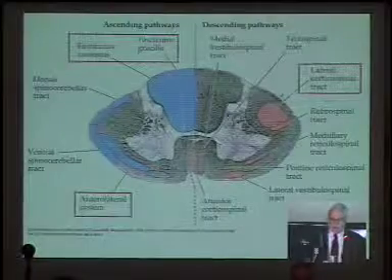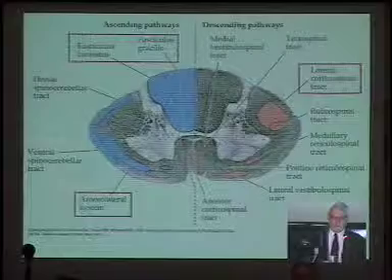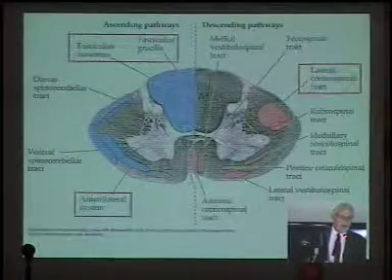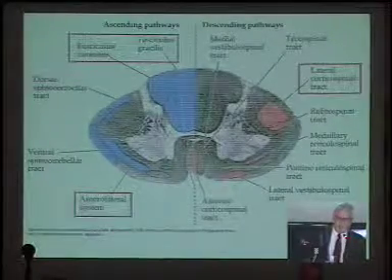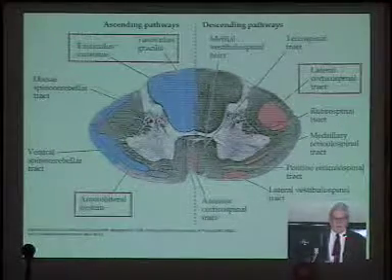So damage here will cause, in this part of the cord, or degeneration as occurs in amyotrophic lateral sclerosis, where these fibers specifically degenerate, an ipsilateral deficit.